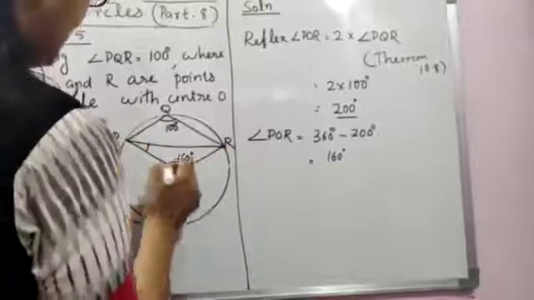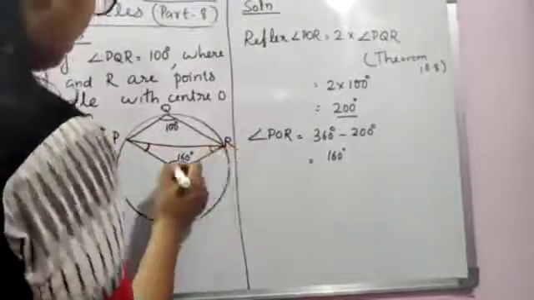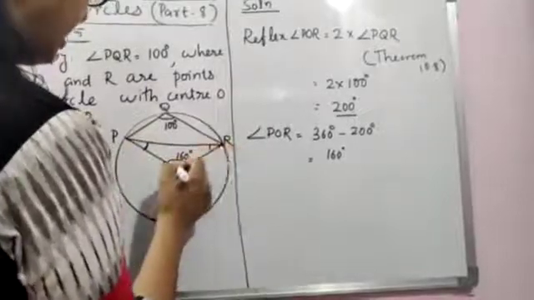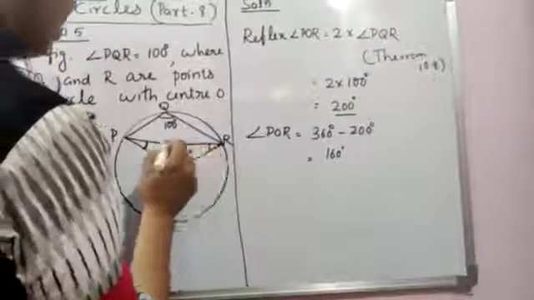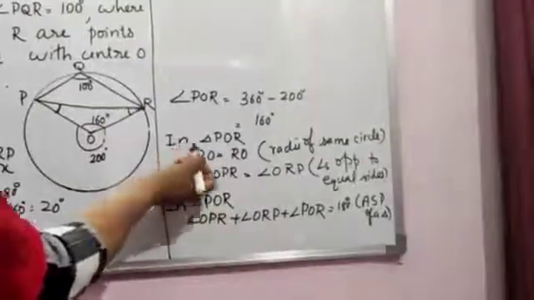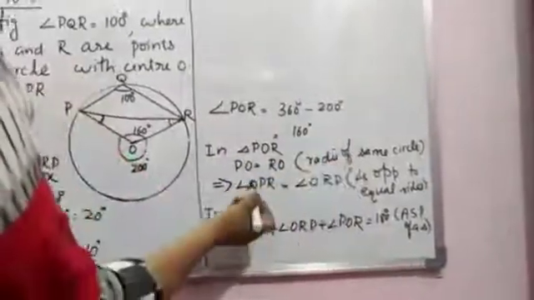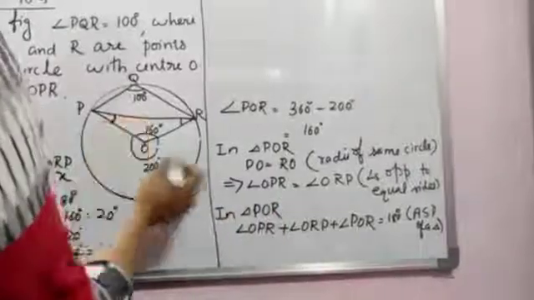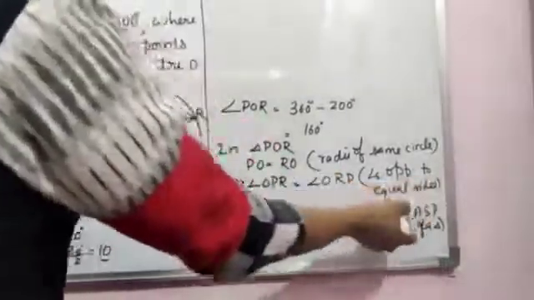These are the radii of the same circle, so these two angles will be equal. Now this becomes an isosceles triangle. So let's write that: in triangle POR, PO is equal to RO, radii of the same circle. Therefore angle OPR is equal to angle ORP, angles opposite to equal sides.